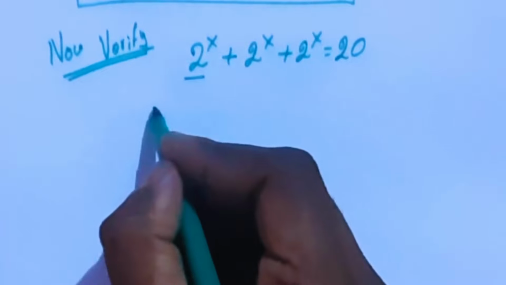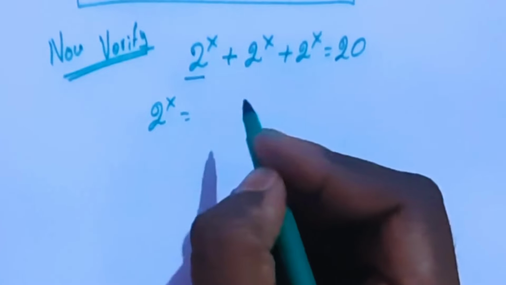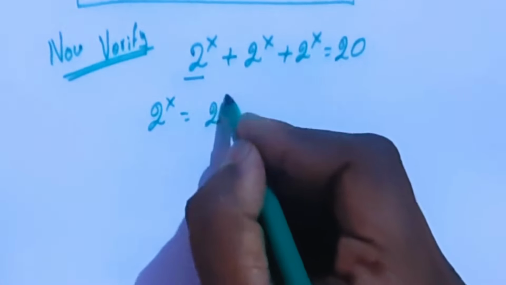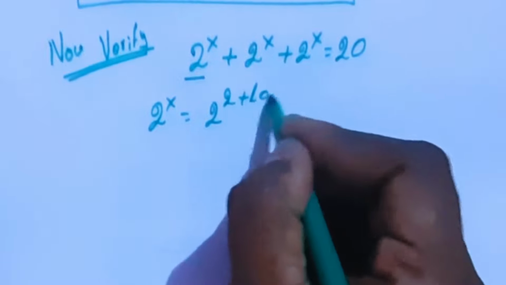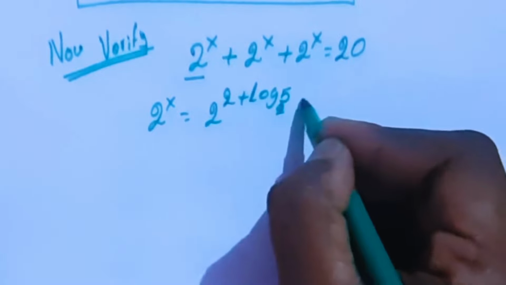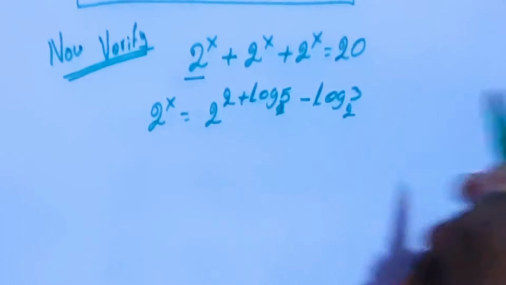So 2 power x equal to 2 power, applying x in the power, 2 plus log 5 base 2 minus log 3 base 2.